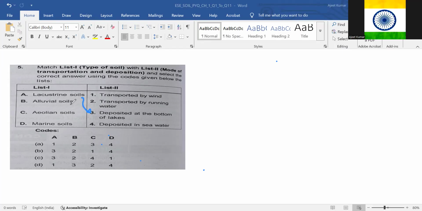And alluvial soil is transported by running water, so that is 2. Aeolian soil is transported by wind, so that is 1, and marine soil depends on C, so this is 4. So the answer will be 3, 2, 1, 4. B will be the answer.